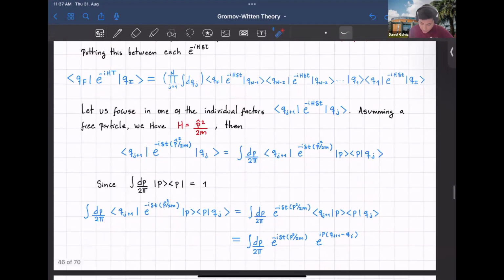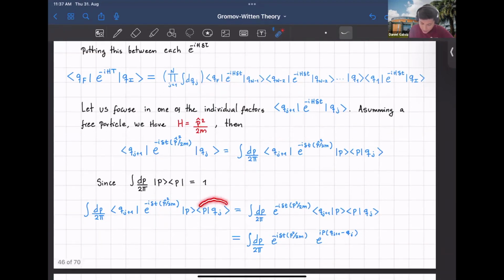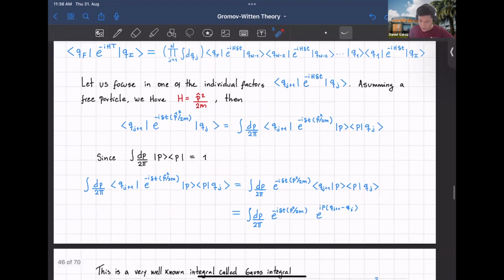And then you know from quantum mechanics that this with this will give you some exponential of this, when you are projecting a momentum state over a position state. If you are not familiar with this, just believe me for now that you obtain this exponential.